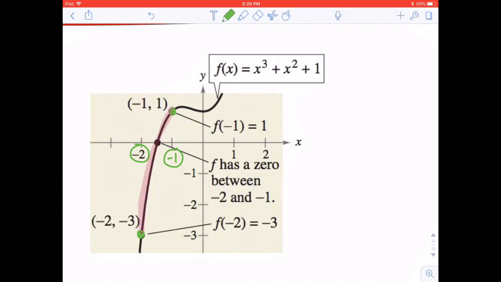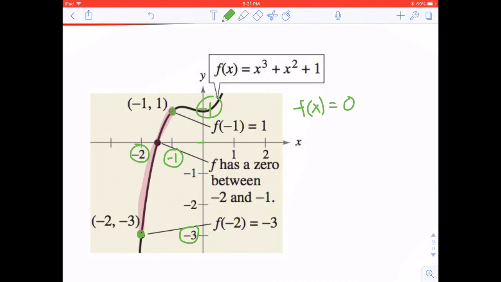So we have a y value here of 1, so y is 1 here, and we have a y value of -3 here. So the theorem says that we're also going to have a y value of 0, because 0 is right here.